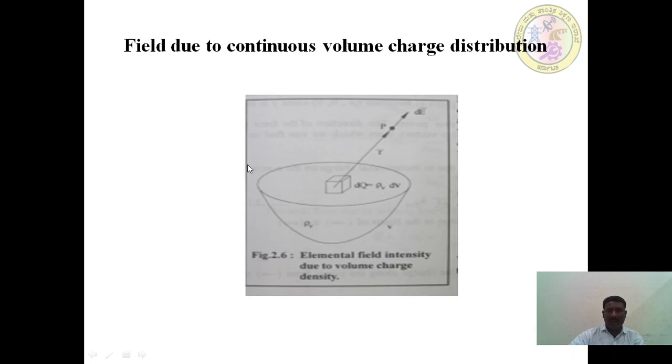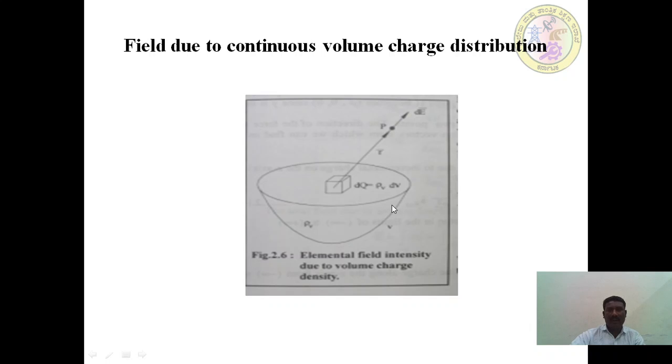This is a point P, and the distance from this point to this point is r. The electric field intensity obtained due to this single point charge is dE. The total charge is Q, and this is a small fraction of charge due to a single volume charge element, giving dE at the point P.